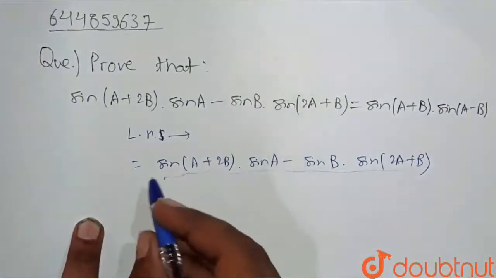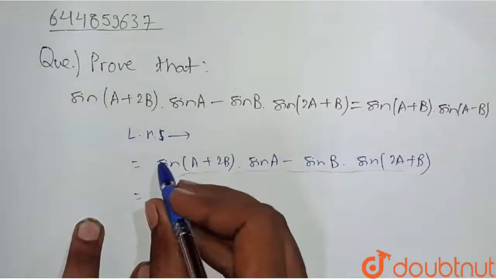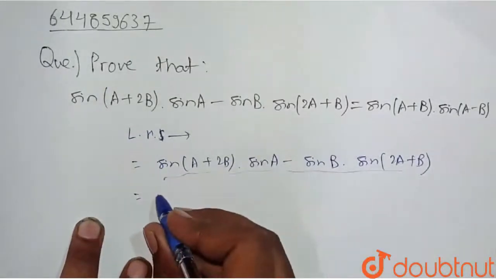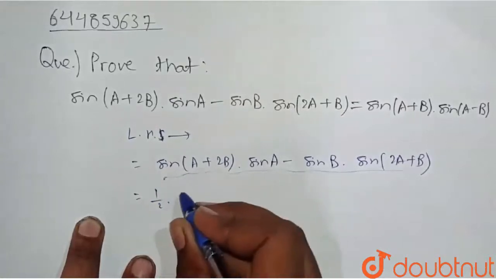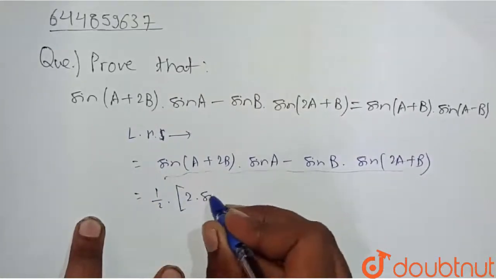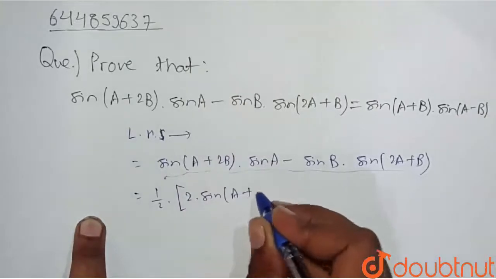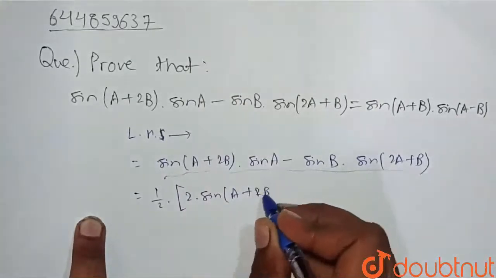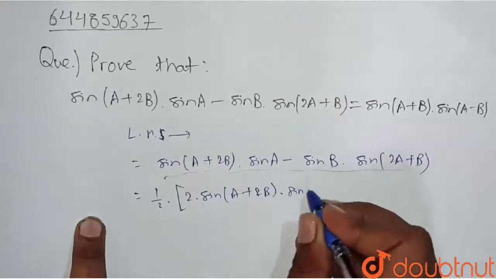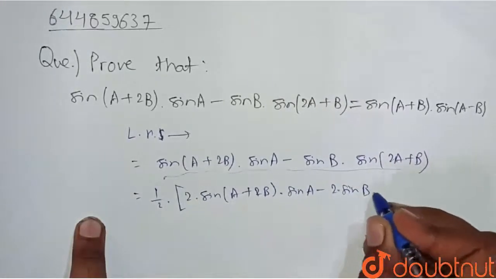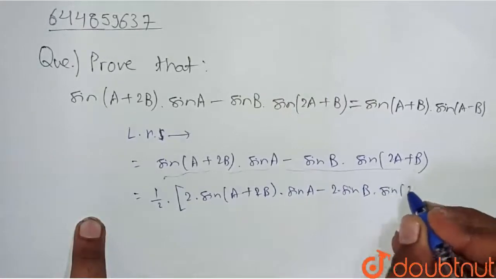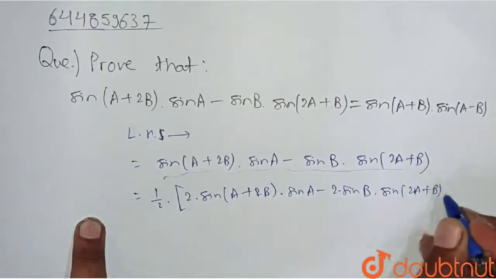So if we multiply this expression by 2 and divide by 2, we get 1/2 [sin(a + 2b) · 2 sin a - 2 sin b · sin(2a + b)].